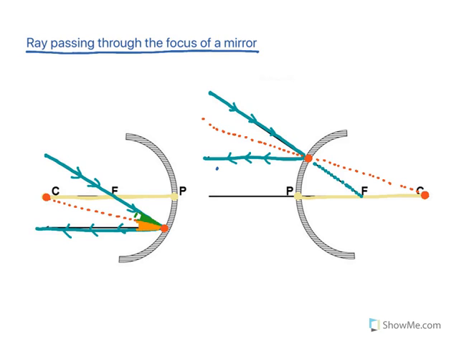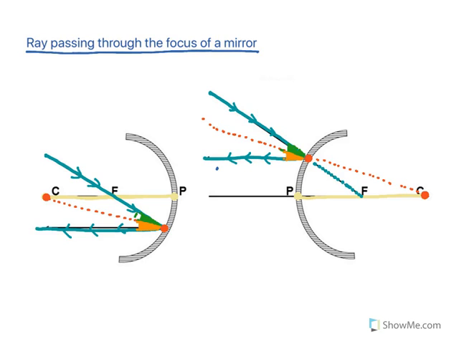The angle of incidence is the angle between the incident ray, which is here, and the normal. So this is the angle of incidence. And the angle of reflection is between the reflected ray and the normal. So this is the angle of reflection.